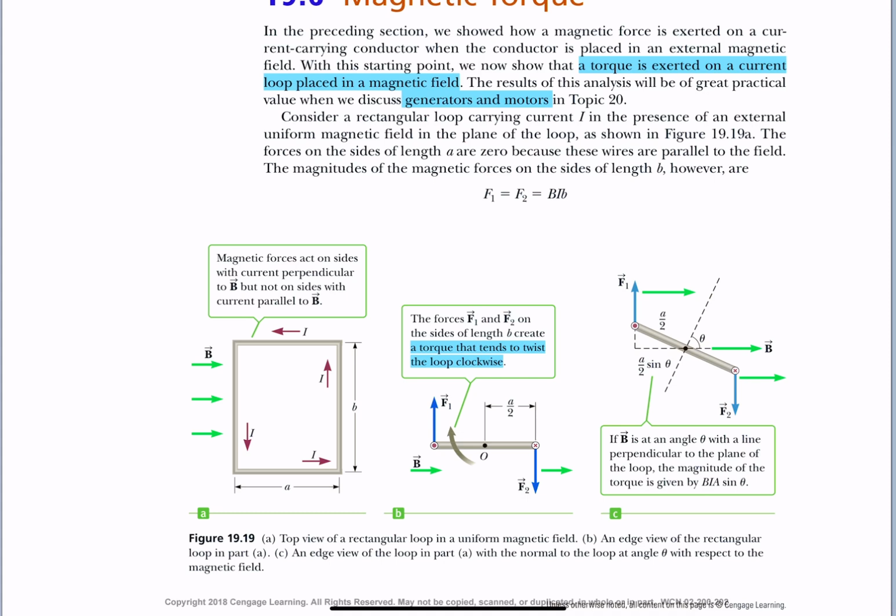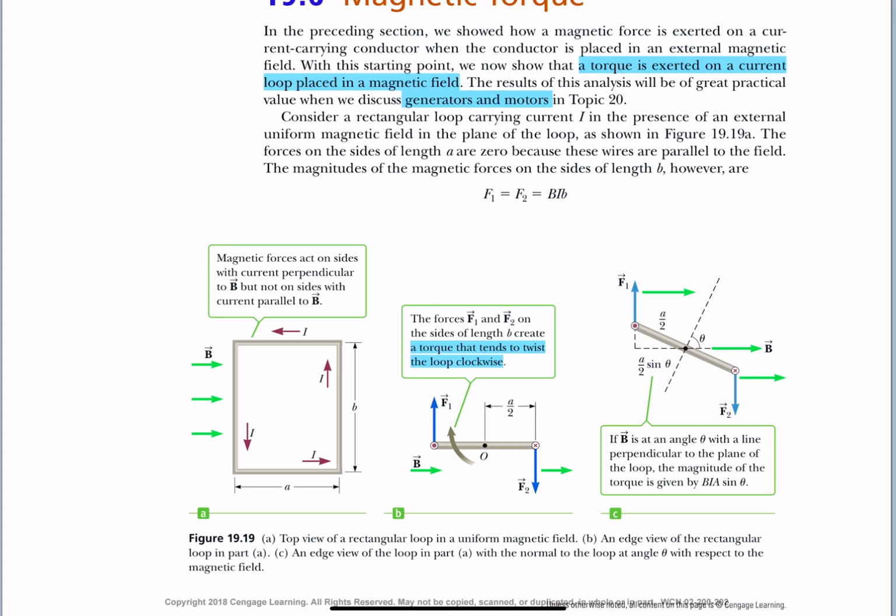Both of these principles, that wires moving in magnetic fields create current, which we're going to learn about later, and wires with current in them that are in magnetic fields are going to move, are the basis behind motors and generators, which is the basis behind so much of the technology in the first half of the 20th century.